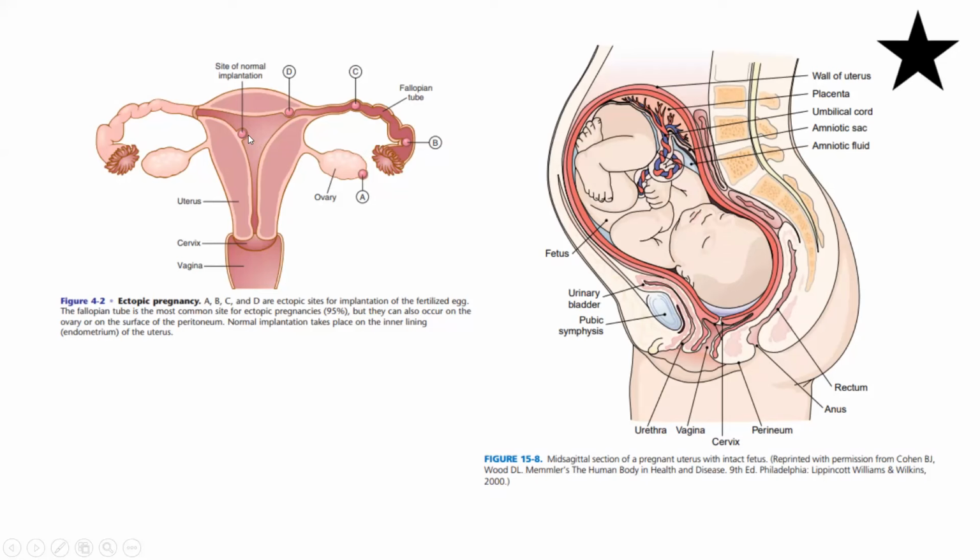Normally it is over here, but if it goes here or even here or even outside, this is not the normal site of implantation. So we call this ectopic pregnancy, ectopic, not on the proper site.